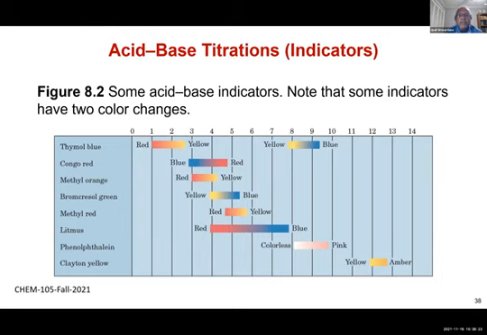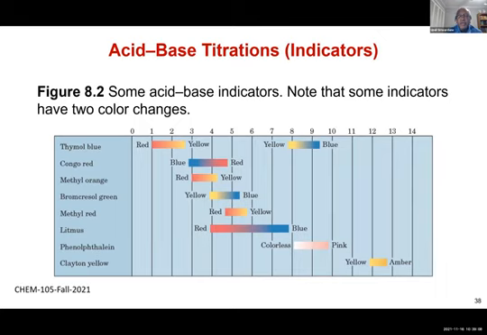Congo red changes from blue to red at around pH 3. So there's a range of indicators that we have discovered to cover most of the pH ranges. If your acid-base titration at the equivalence point has a pH of 2, methyl red or thymol blue is the best indicator.